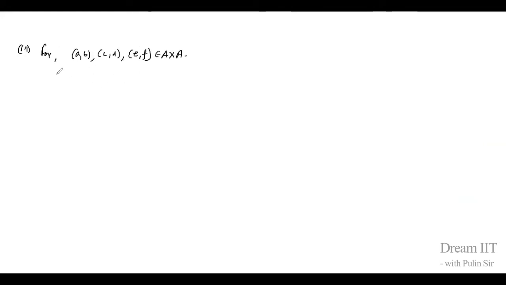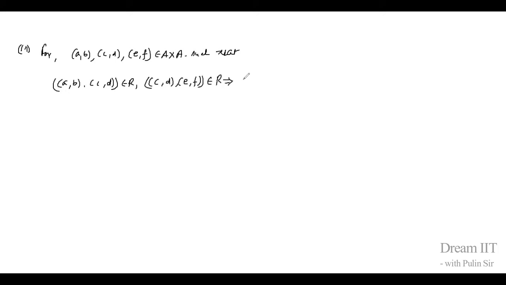Now, yeah, we can start like this, such that we have to get these two related. That means this ordered pair should be in R. Then C comma D, E comma F, this ordered pair should be here.